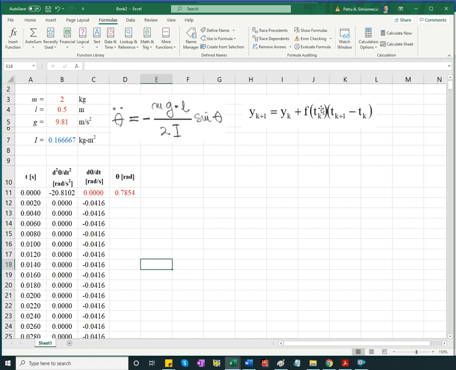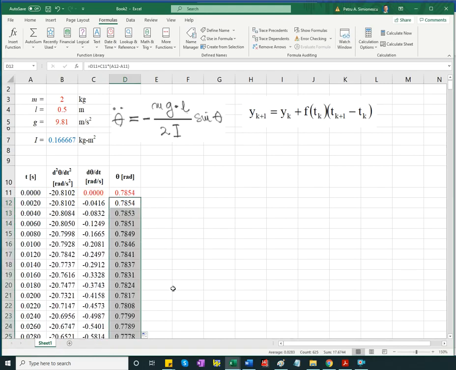So apply the Euler step for theta. So like I said, being a second order differential equation, I need to apply Euler step twice. So here, the second value is going to be previous value plus the function f, the slope at k, which is previous value, times, and again it's going to be the time step, this value, negative this value, and I close parentheses.